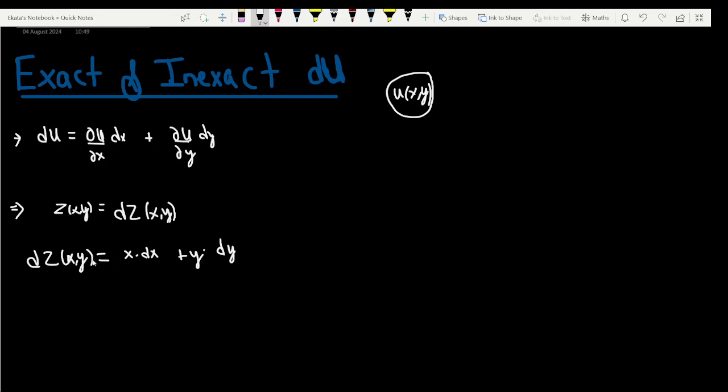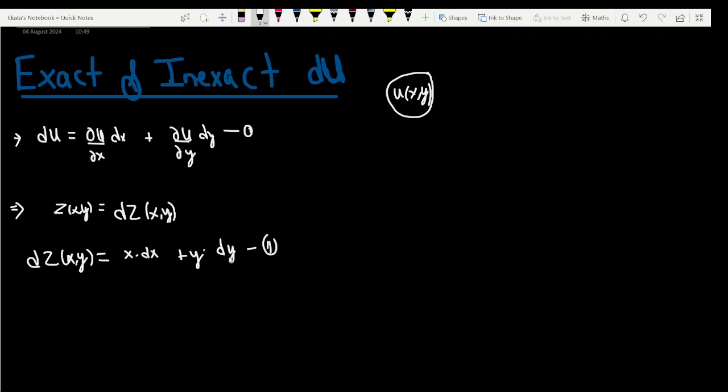You see that this particular expression, equation number 1, and this equation number 2 are similar. What I have done is that del u by del x I have represented by x. Maybe there is a function xy or whatever which when differentiated gives x, and when we differentiate this particular z function with respect to y, we get y dy. Maybe this is the thing. Okay, so I have taken this particular differential.